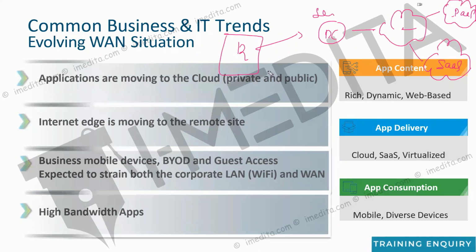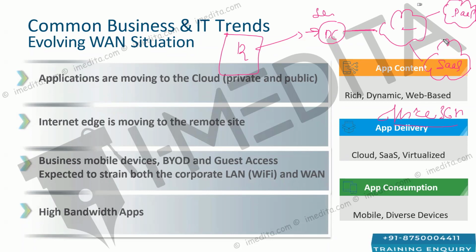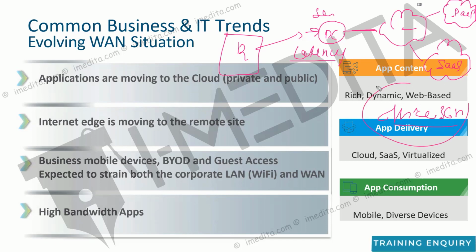If this user has to access Office 365 and all of its traffic is going to the data center, from the data center it is being inspected via a variety of those security devices, and then it is going to the internet, it will include a lot of latency. You will notice that a lot of latency will be there. The user experience will be bad for those applications.